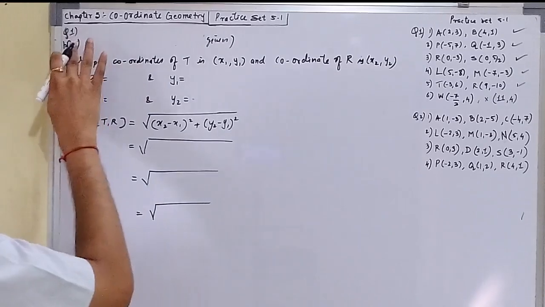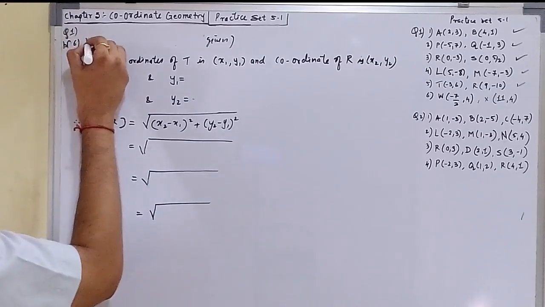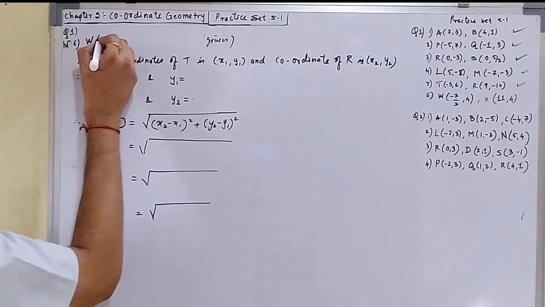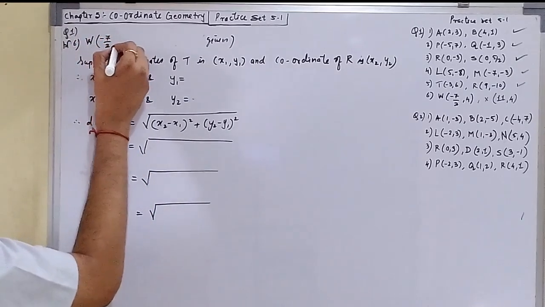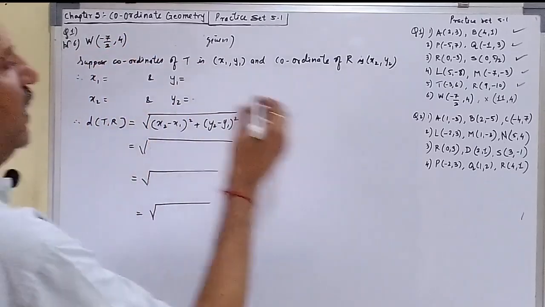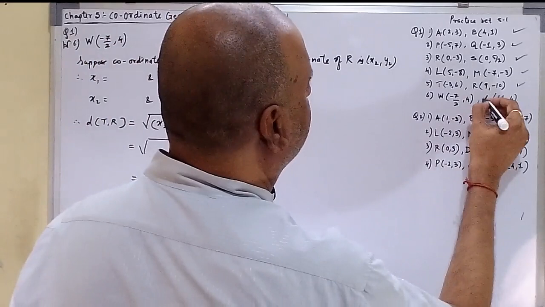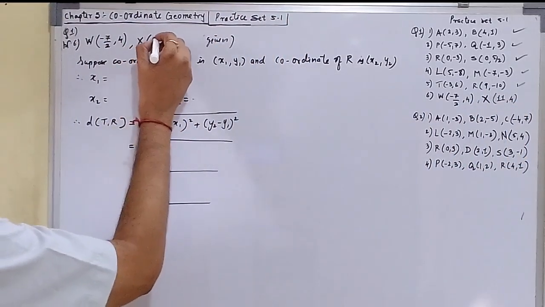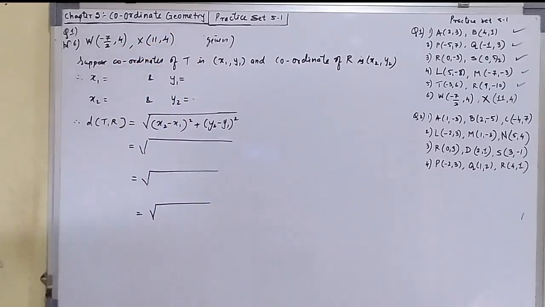Sixth question. How much is W? -7/2, 4, and this is x. X is 11, 4.